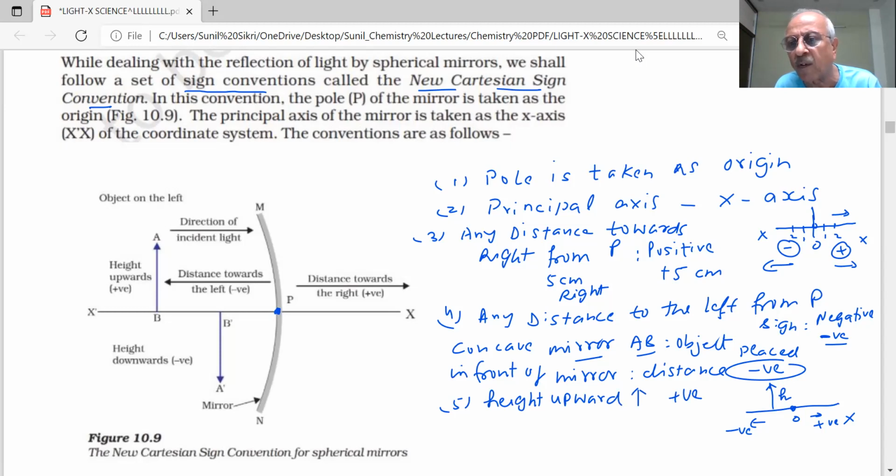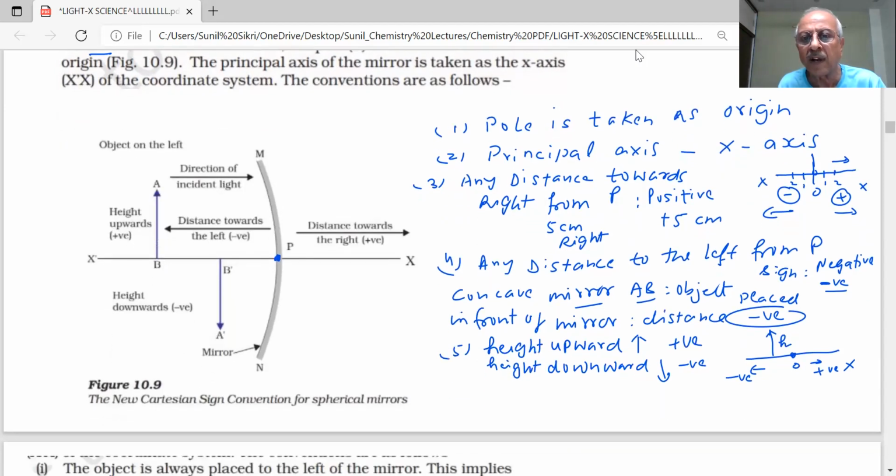If something is below, then what will happen? Height upward is positive, and height downward will be taken as negative, students. Note it down. Okay? This is my optical center, this is my x-axis.